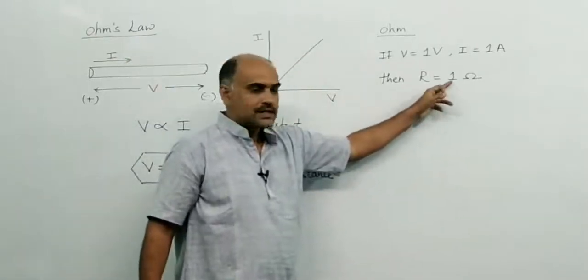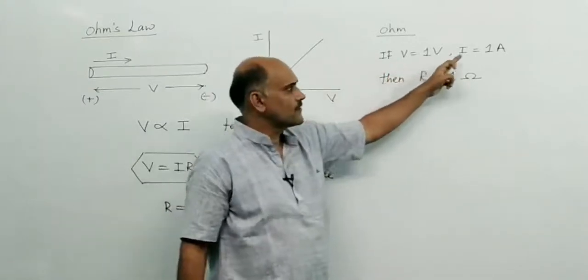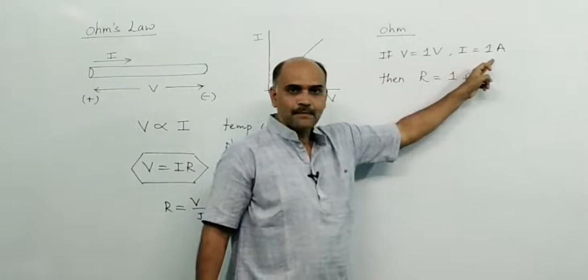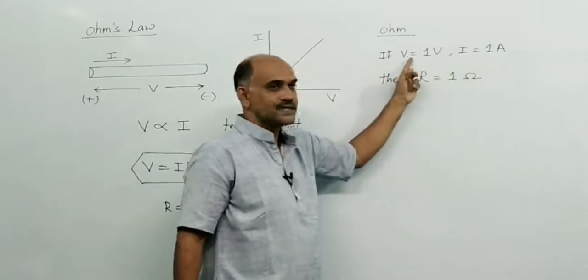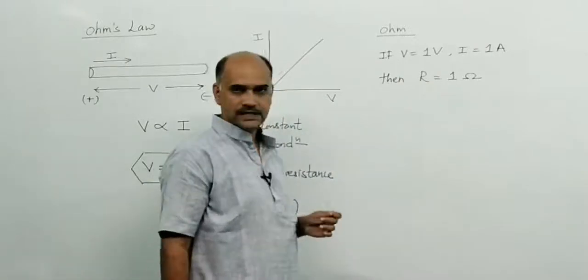So ohm is resistance offered by a conductor for flow of 1 ampere of current maintained at a potential difference of 1 volt. Clear, students?